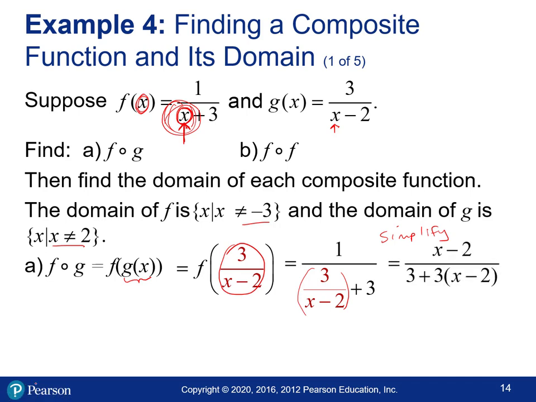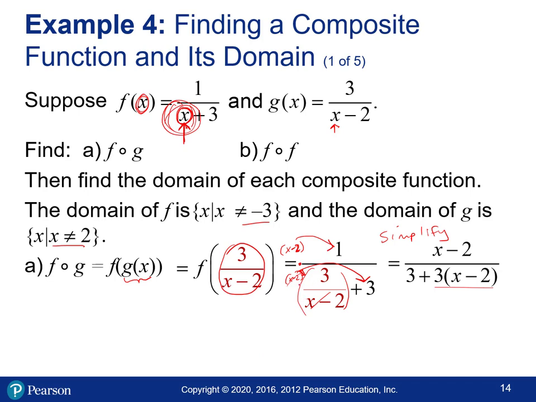Okay, so we're going to simplify, and one of the first things we can do is multiply the top and bottom of this giant fraction by x minus 2. If I multiply top and bottom by x minus 2, it's going to distribute here, that's this part. It is going to multiply here, but it's going to divide out with that one, and then it's going to multiply by 1 here.